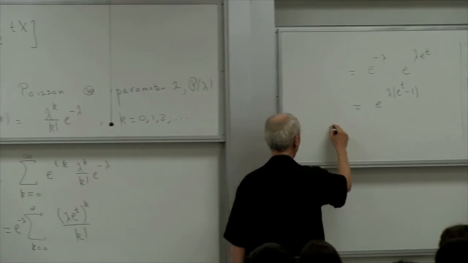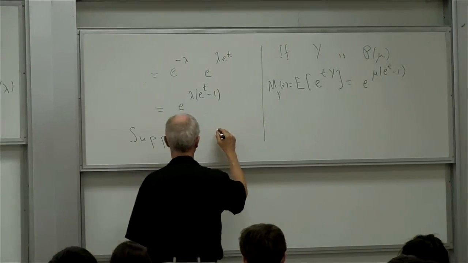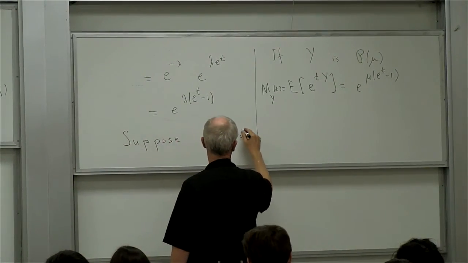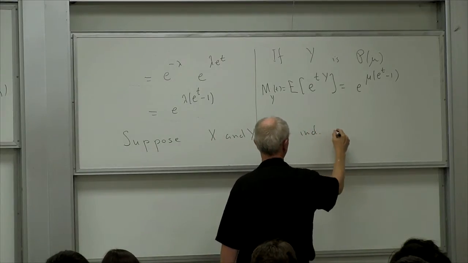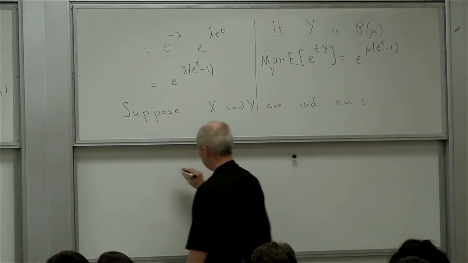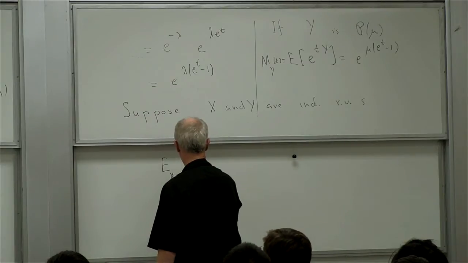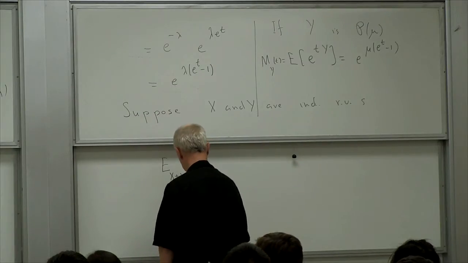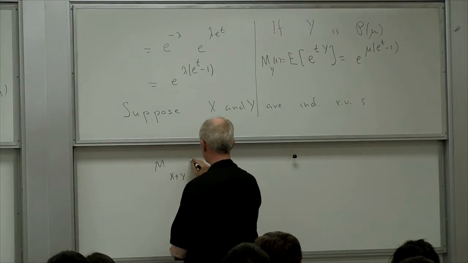Now suppose x and y are independent random variables. Last time we mentioned this.